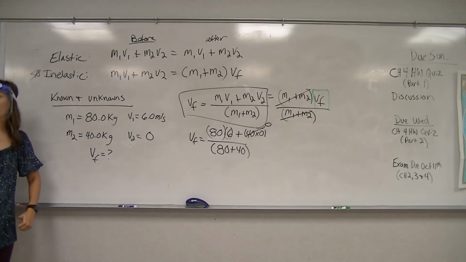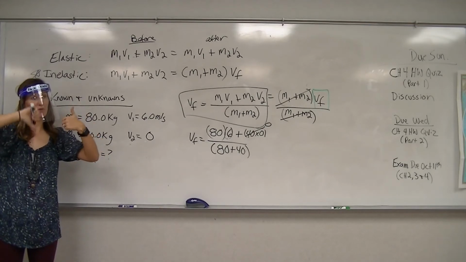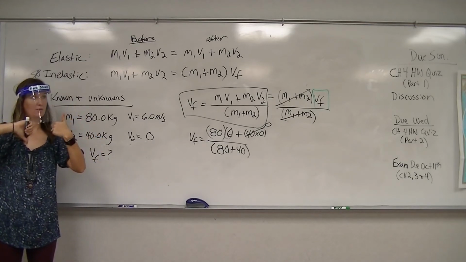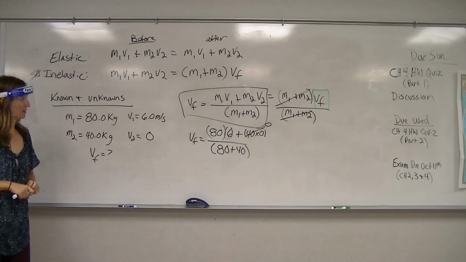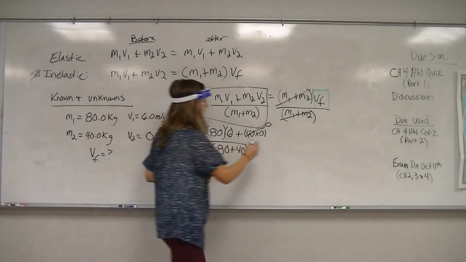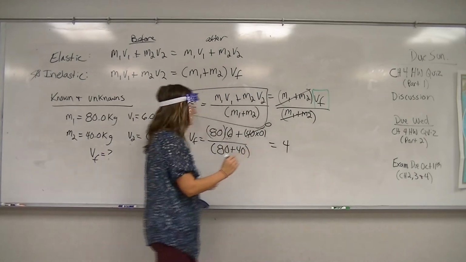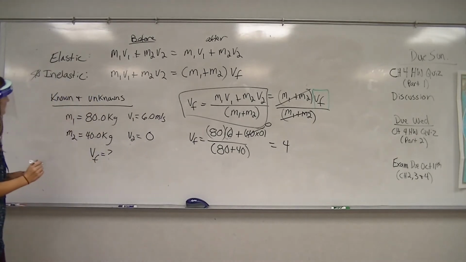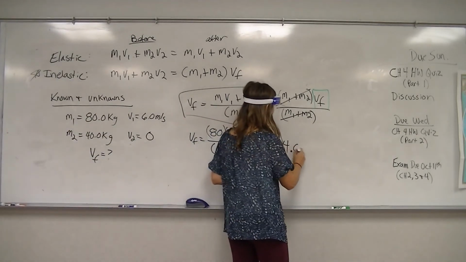So that means her grandson's velocity has to go up to make up for her velocity going down. Okay, so we should see something between 0 and 6. And I think we get 4, if I remember correctly. Is that right? Can we calculate it? Is it 4? And we're looking at 2 sig figs, so I'm going to put 4.0.